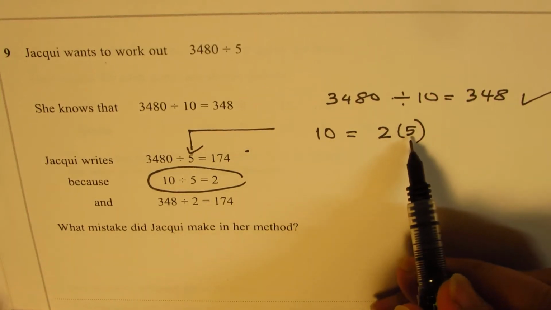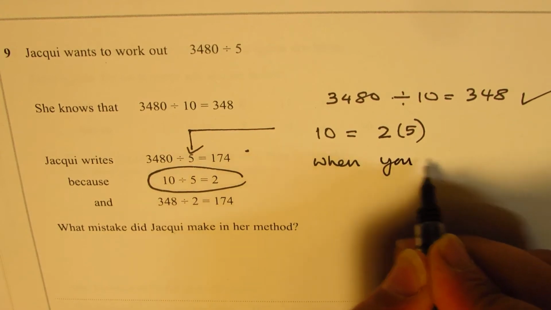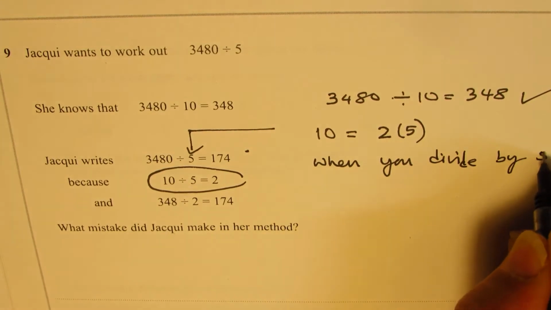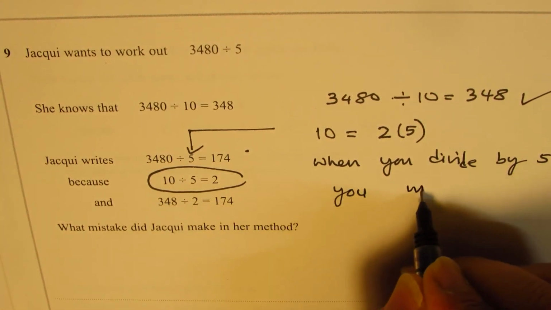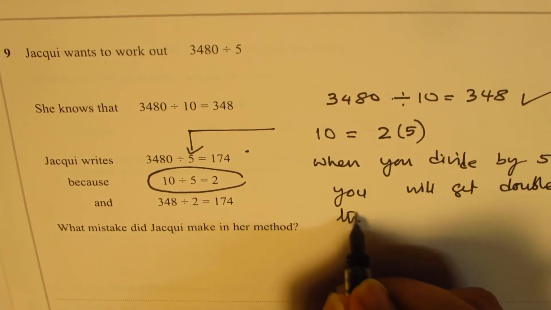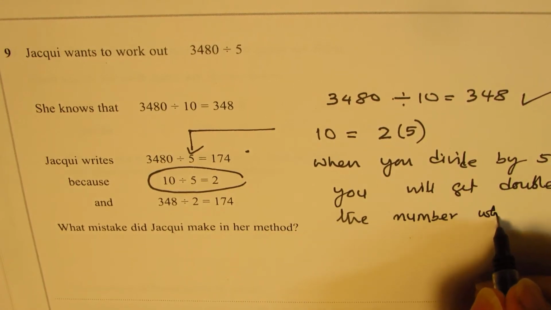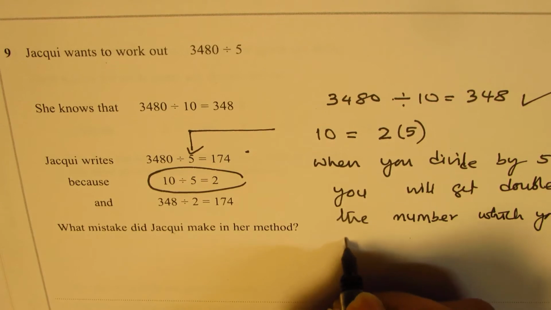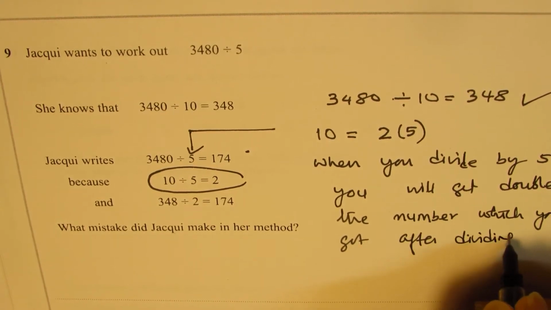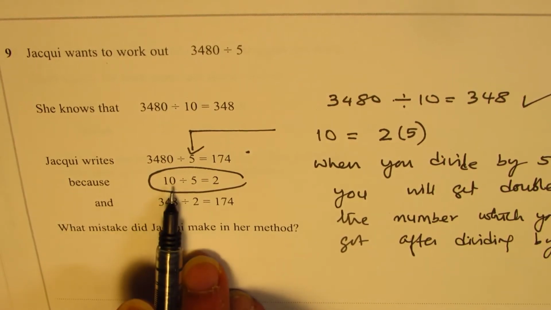So when you divide by 5, you will get double the number which you got after dividing by 10, correct?